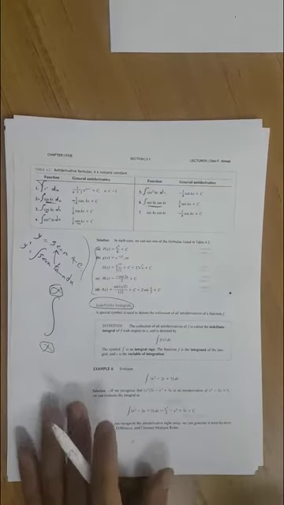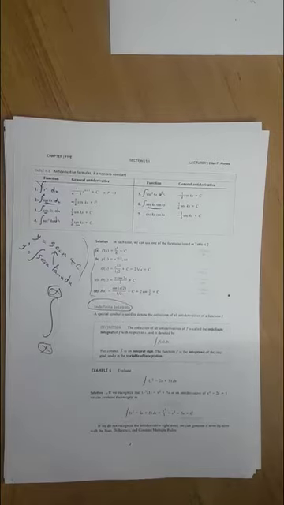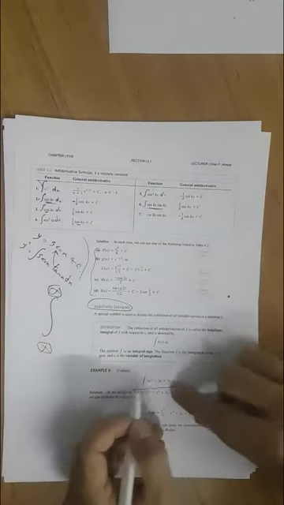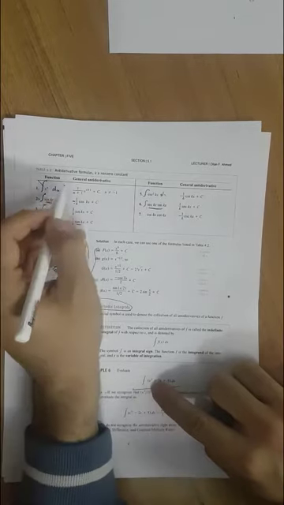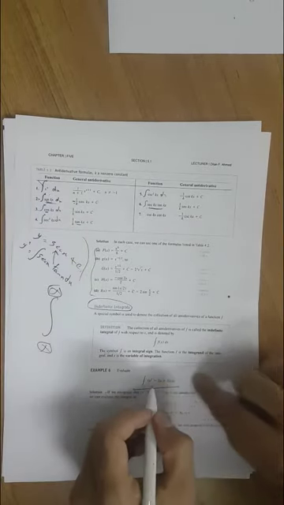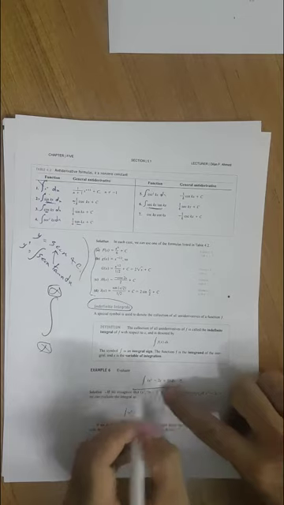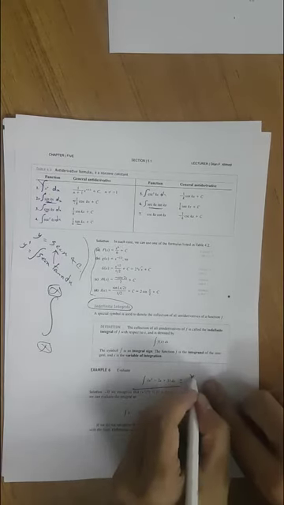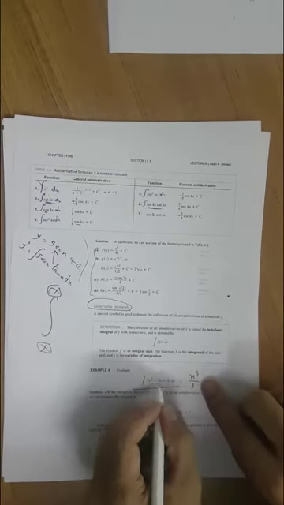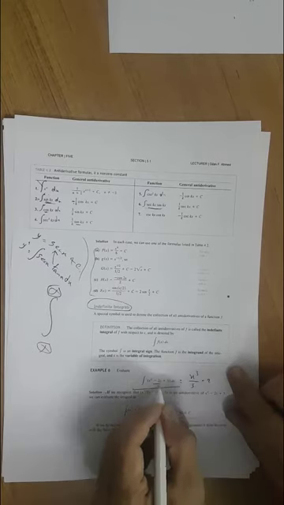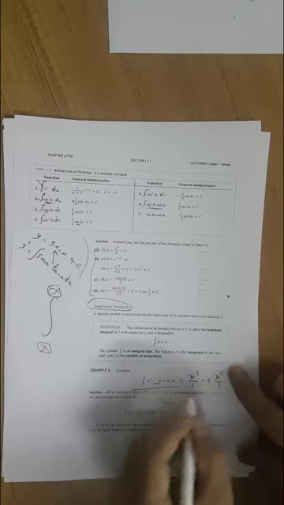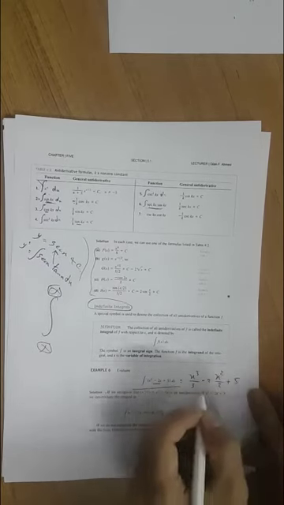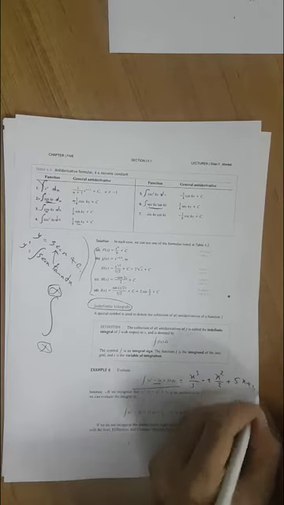What do we have here? How about this one? By the first rule, we will add the power. So this integral will be equal to x to power 3 over 3 minus 2 times x squared over 2 plus 5x plus c.